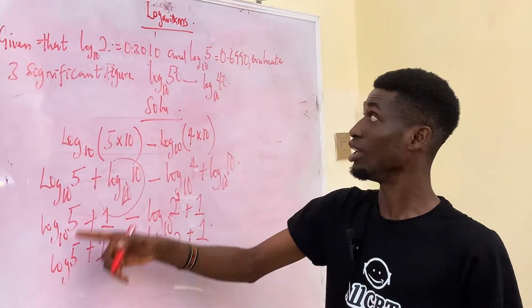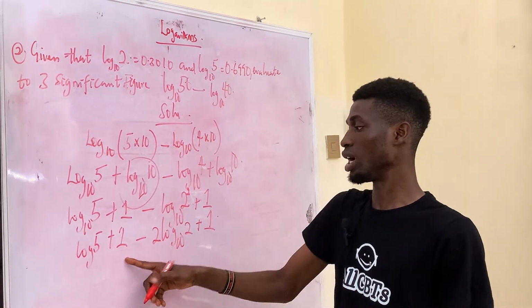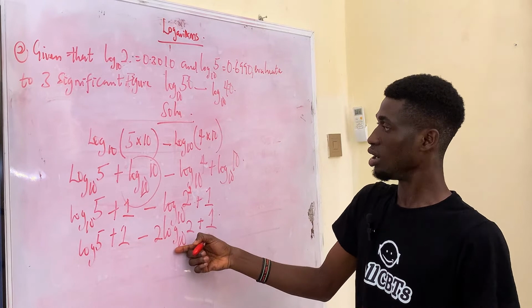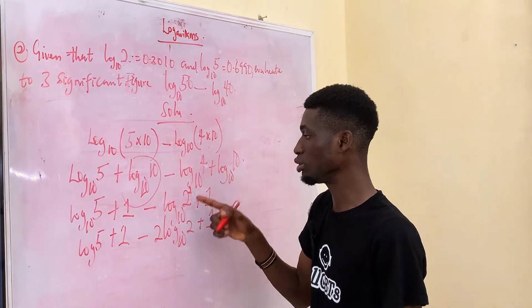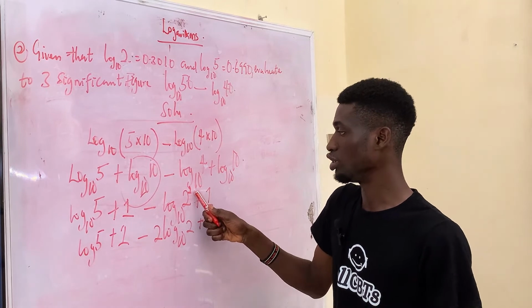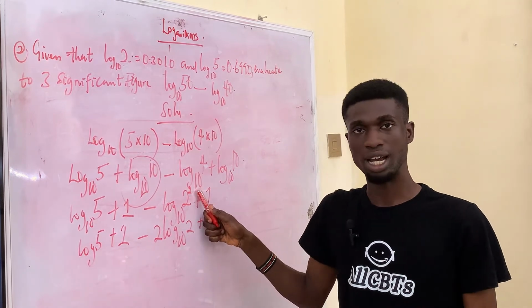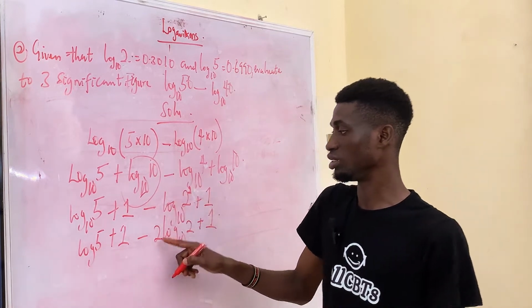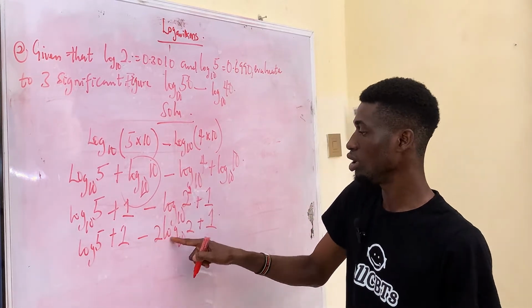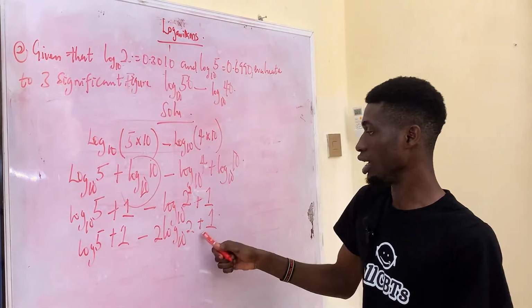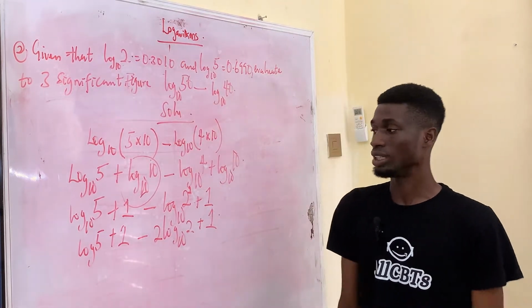So here I have my log 5 plus 1 minus, I have my log 2. But actually it was log 4. It was broken down to 2 raised to power 2. And I told you that if your power is not working as a power, you can return it backward, so you are going to have it as 2 log 10 2, which is exactly what is given to us here, then plus 1.